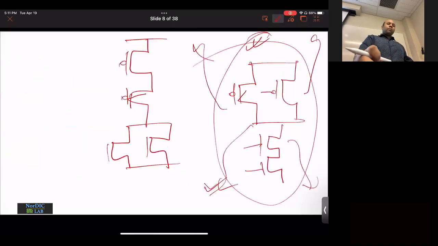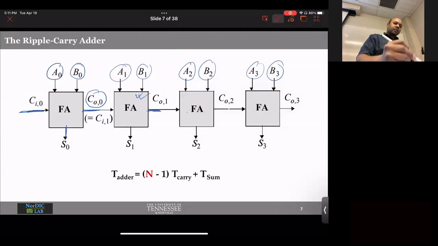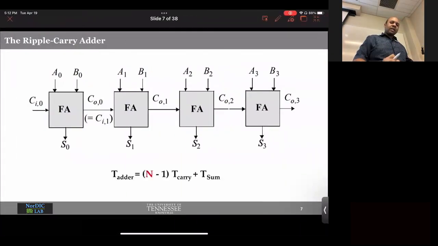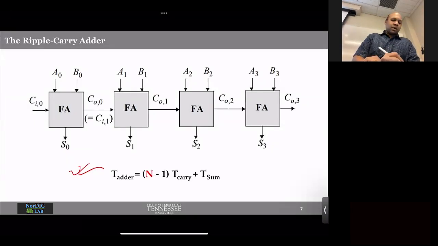Okay. Now, the point that I try to make is this is how the chain looks like. There is one other piece of information that I haven't given you, but you have to listen to me carefully to understand this. This is a simple expression that motivates many other works in adder design. The delay of an adder operation, okay?